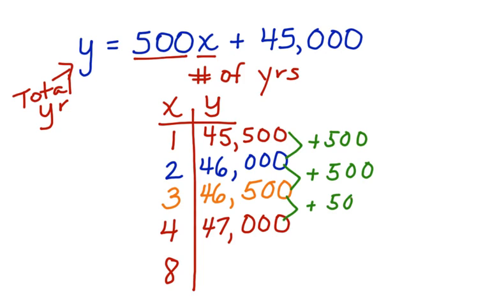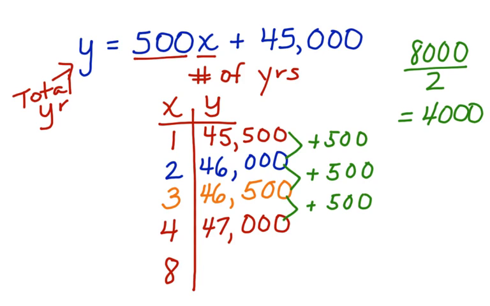If there had been an increase of $1,000, then after 8 years we would have added $8,000 to the $45,000. However, because it's only a $500 increase, we're going to divide the 8,000 by 2, and we can come up with a $4,000 increase.